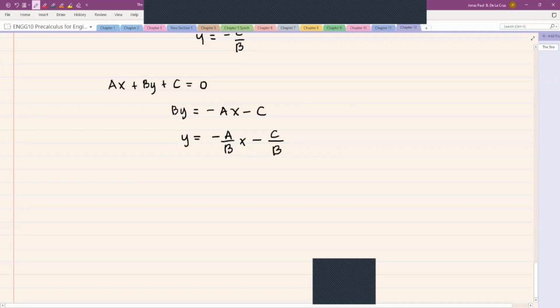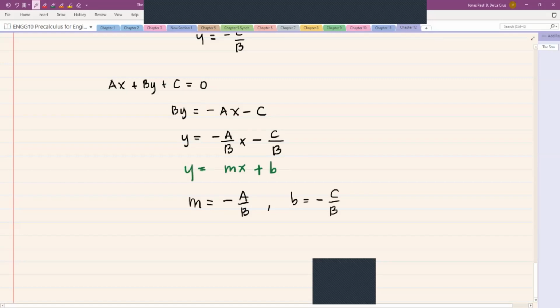b. Okay? As you can see dito, di ba? I-pattern natin doon sa equation natin na y is equal to mx plus b. Okay, we can see here that the slope is equal to negative a over b, tsaka yung y-intercept is negative c over b.